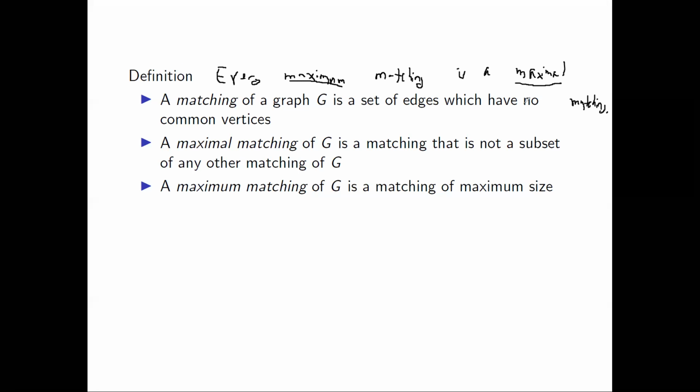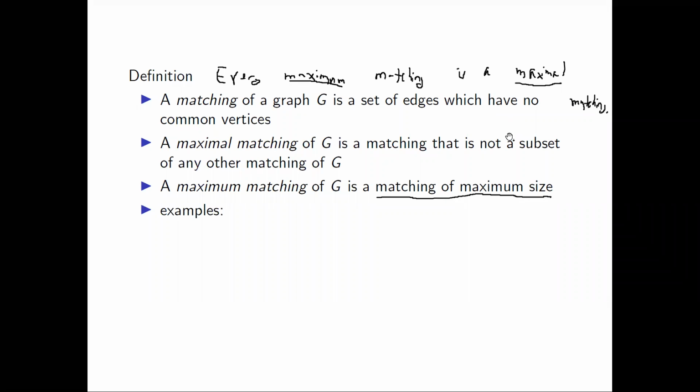This is because a maximum matching is a matching of maximum size. So it can't be a subset of any other matching in the graph, because otherwise the matching that it is a subset of would be a larger matching, and then it wouldn't be a maximum matching that we're talking about. So this is why every maximum matching is a maximal matching, because it's not a subset of any other matching in the graph.